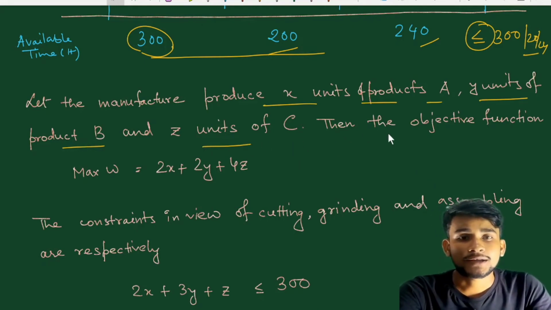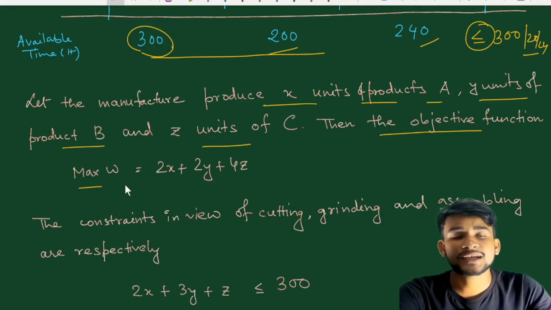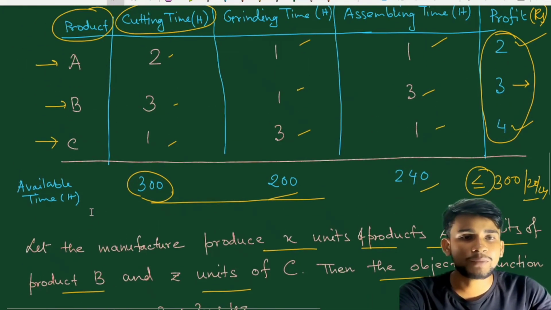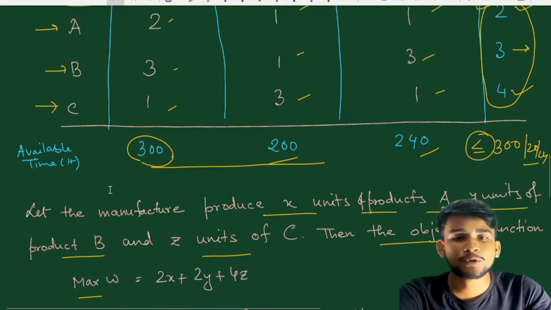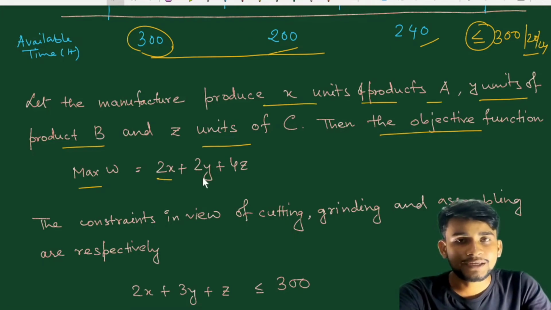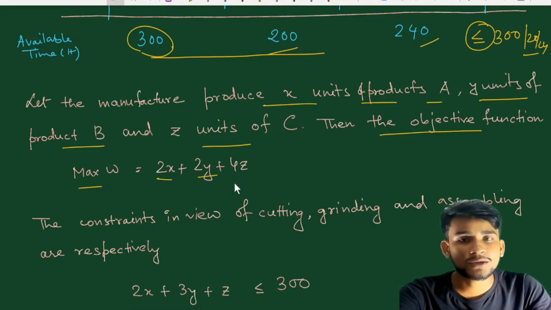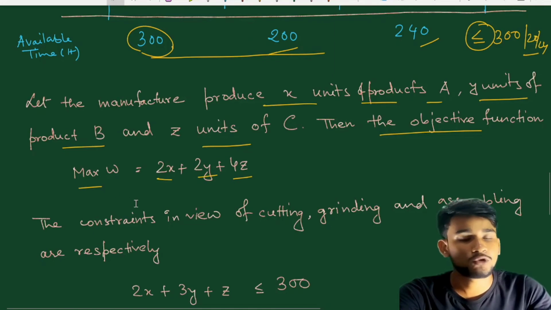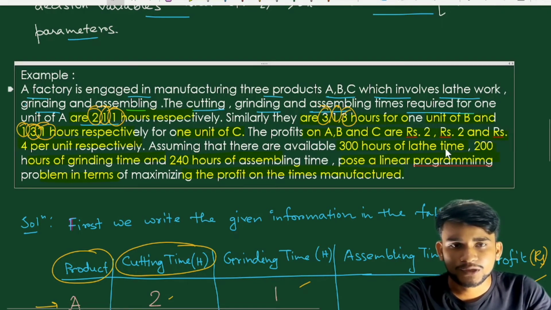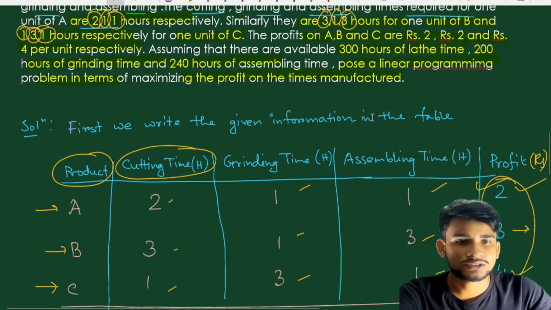Then the objective function is maximize W, which is equal to the total profit. The total profit from A is 2x, from product B is 3y, and from C is 4z.